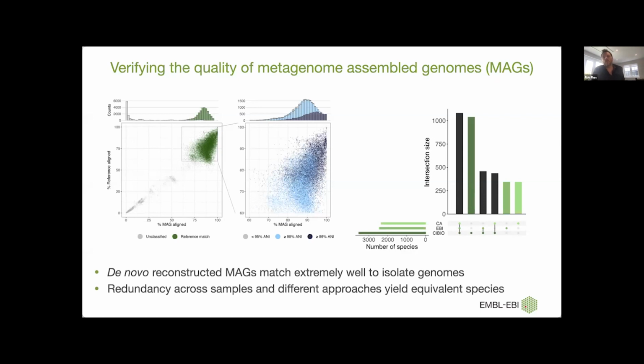In terms of reproducibility between different groups, by having these 3 large studies, we could start comparing them. And on the right-hand side is an upset plot of the comparison of the MAGs. The first column in that upset plot indicates that all 3 groups agreed, and that's the largest, which was really quite interesting.